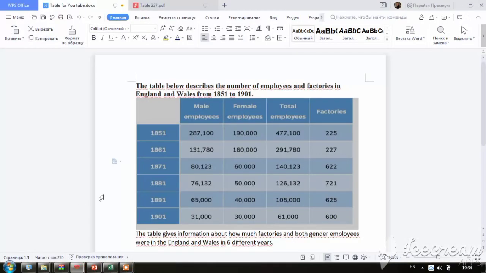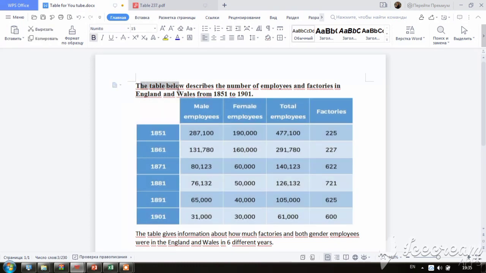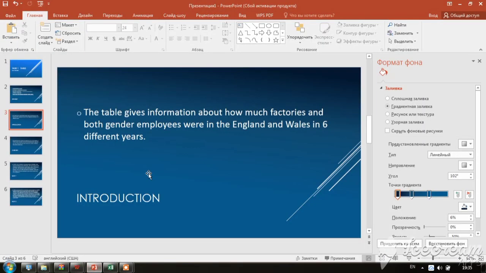In the introduction, we just paraphrase the task. This is our task: the table below describes the number of employees and so on. So this is our essay introduction. The table gives information.